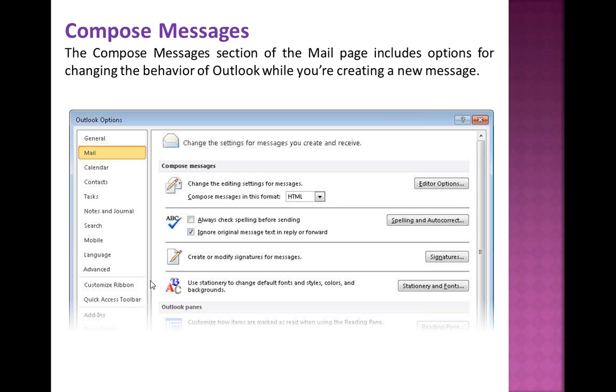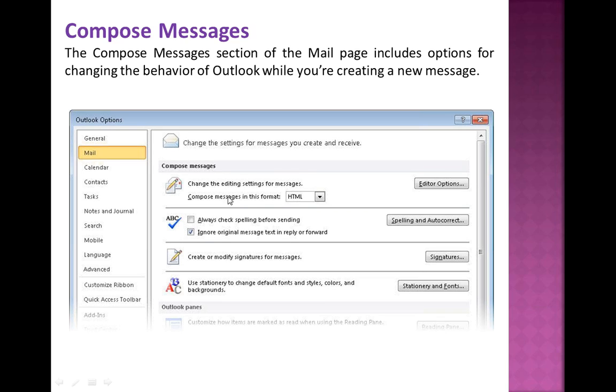So the main concern is how to email, and we will start with how to change the settings for the email. The first one is compose messages. You can change the setting for composing messages. Simply go to File, go to Options, then click on Mail. These are the multiple options.